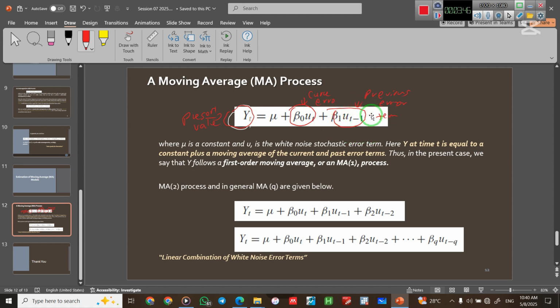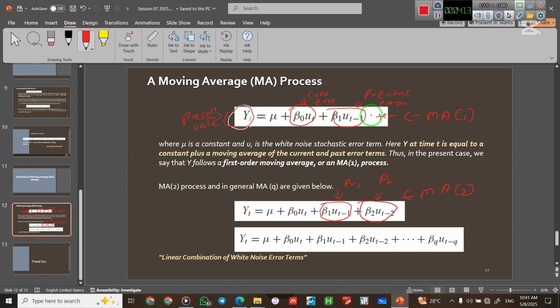So that means this is an MA1 model. In this kind of equation, here we have previous year 1 and this is previous year 2. So this is an MA2 model, because there are two previous year values.